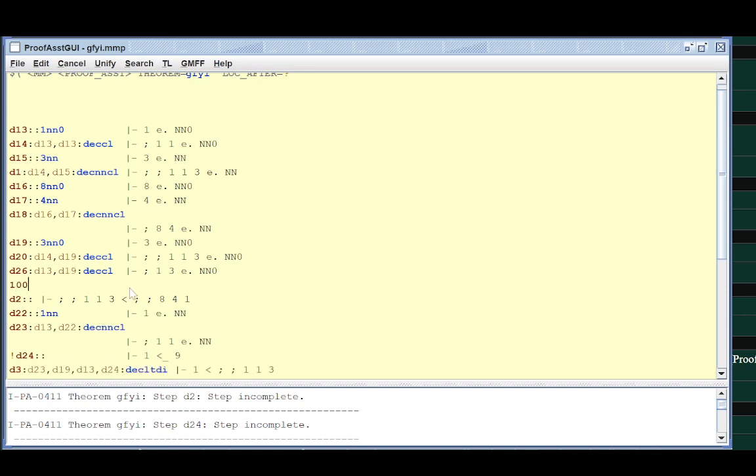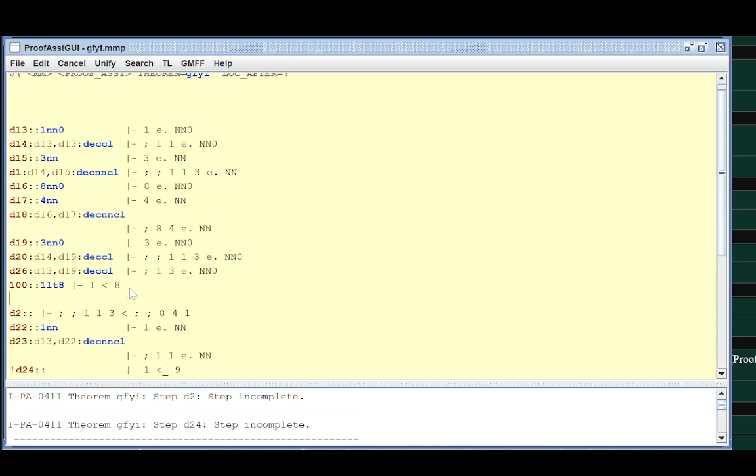So let's do 1 is less than 8. Okay, you'll be happy with that, right? And then let's have 11 is less than 84, which I think does follow from that.